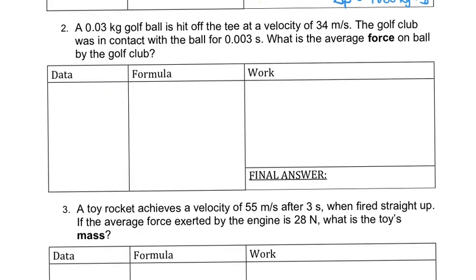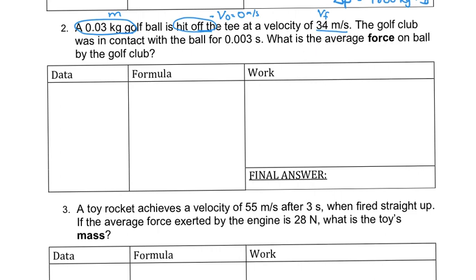Okay, question number 2. 0.03 kilogram golf ball. That's a mass. Hit off of a tee with a velocity of 34 meters per second. So if it's being hit off the tee, the beginning velocity is going to be 0 meters per second. So the final velocity is 34 meters per second.